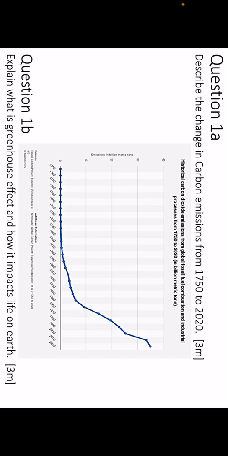Moving on to the next area, from 1840 onwards to 1910, which is a period of 60 years, you need to note that there is an increasing trend of carbon dioxide emissions, and then it reached a high of about 4 billion metric tons in 1910.